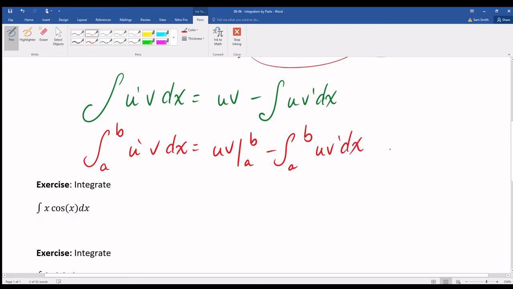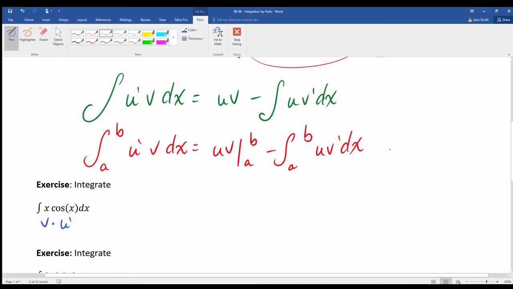Integrate this product. Now, you can try all manner of substitution, u substitution here, but no u substitution is going to be able to simplify this to the extent that you need. So instead, I'm going to try a different tactic. I'm going to think about this as u prime times v.